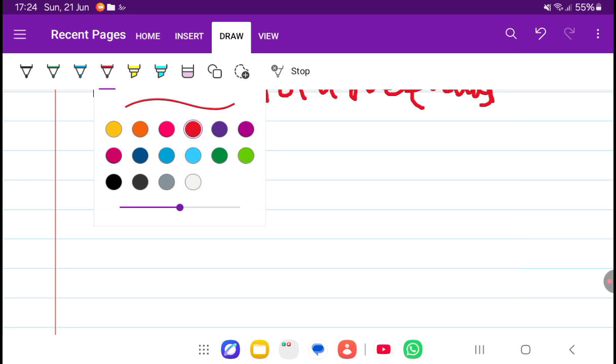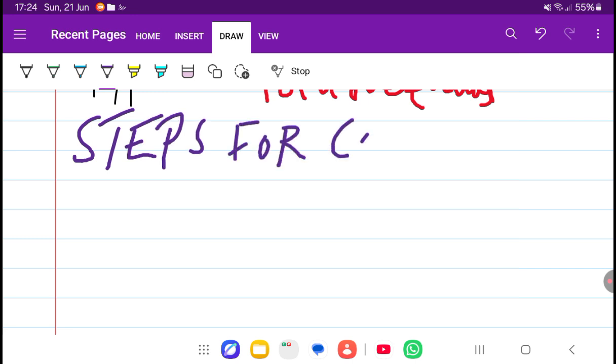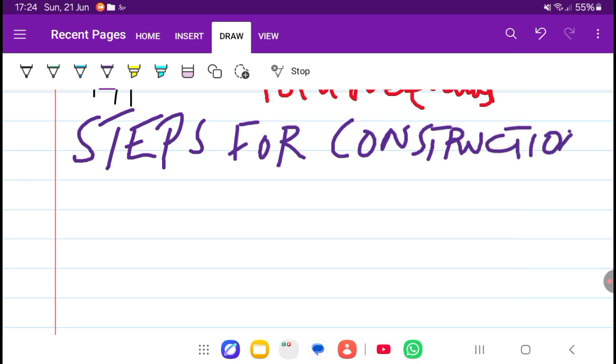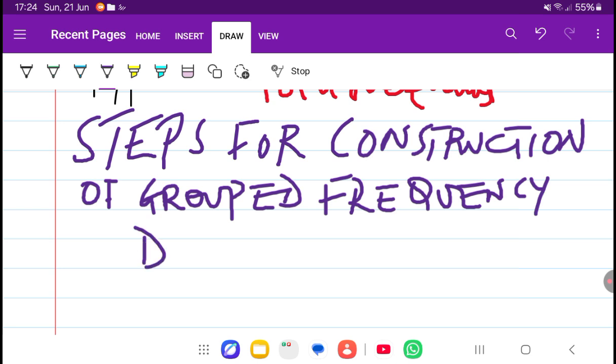So let's maybe write the steps or procedures, steps for construction of grouped frequency distributions.